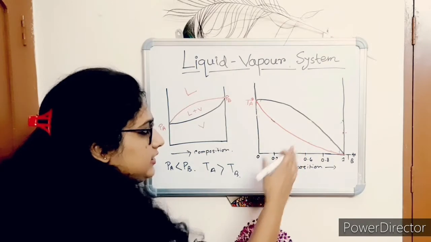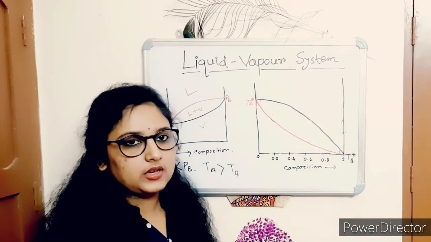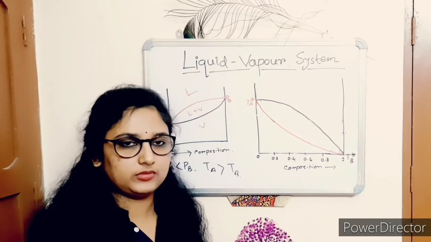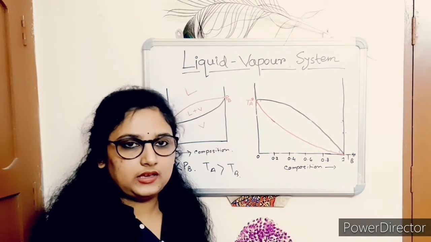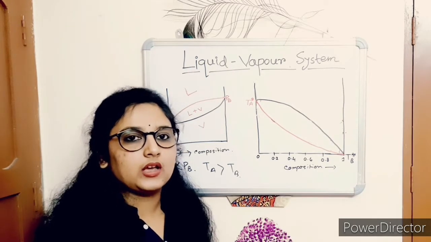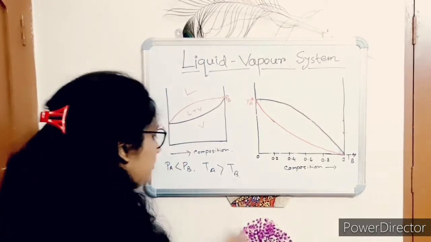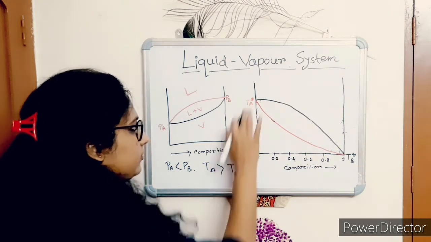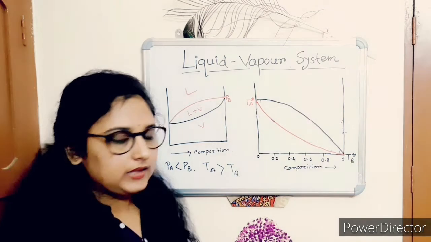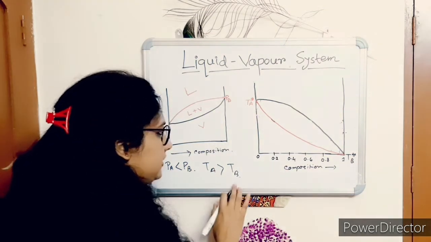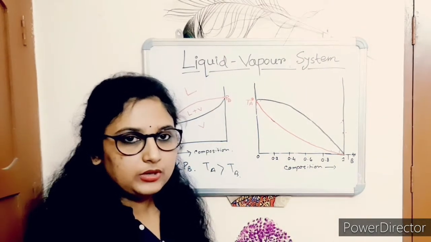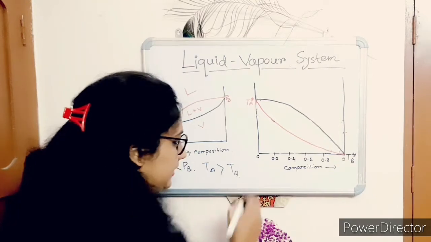I am drawing it in this manner to understand the distillation process. Actually, my today's topic is to clarify the distillation process. That's why TA is here and TB is here. What is the meaning of this star? This star means that TA and TB here indicate the boiling point of the pure component.